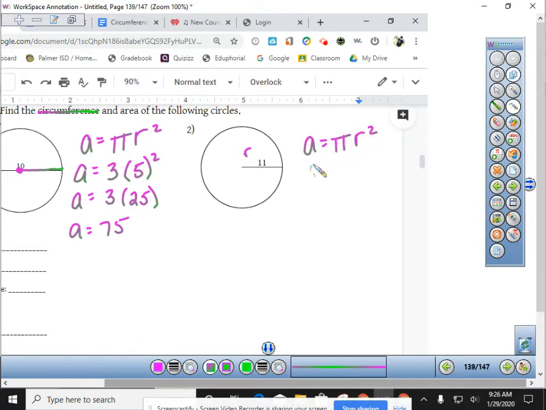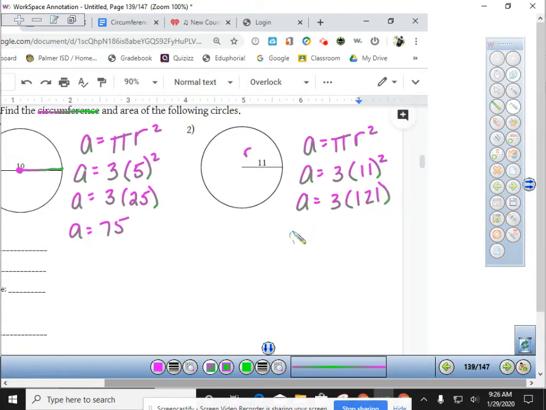Area. What'd you get? 363. We good? Yep.